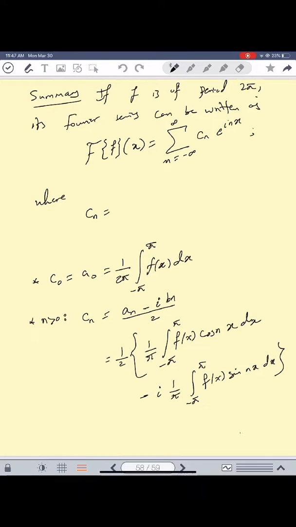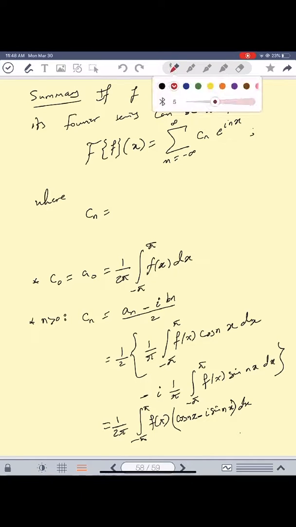But okay, so this is equal to 1 over 2. You can take the pi as a common factor. You can have one integral from minus pi to pi f of x times, if you agree, cosine nx minus I sine nx dx. But what is this? Let me write it in the same page, or we can move to the next page.